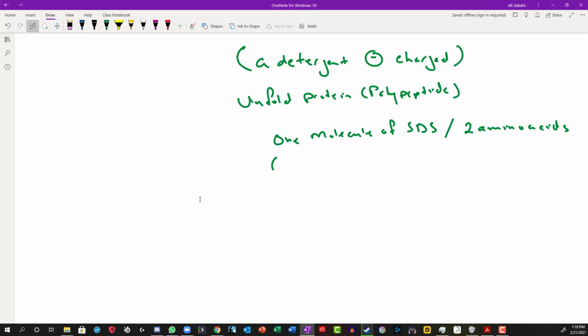So you have a uniform charge to mass ratio, remembering that SDS is negatively charged.